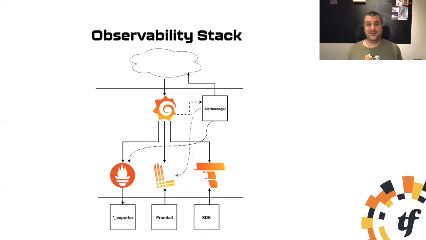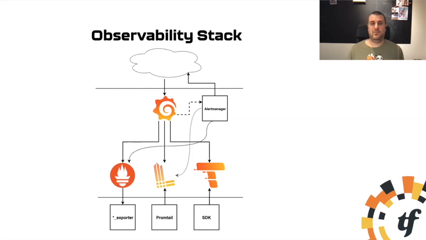If we put names to these constructs, then we're looking at Prometheus for metrics, or Thanos, Cortex, TimescaleDB. In my world, we're looking at Grafana Loki for logs and Grafana Tempo for traces. How do we feed these things? Prometheus pulls data in from some form of exporter.